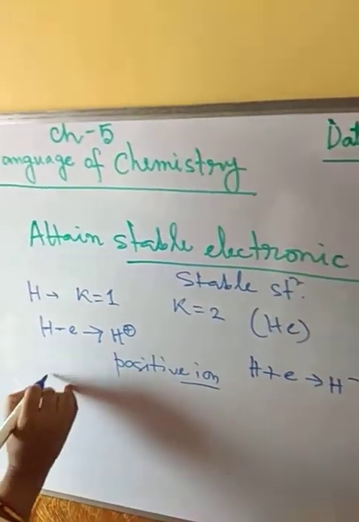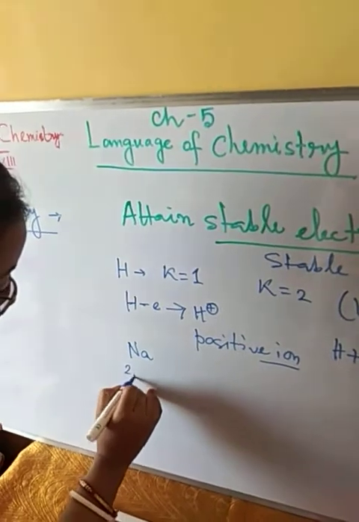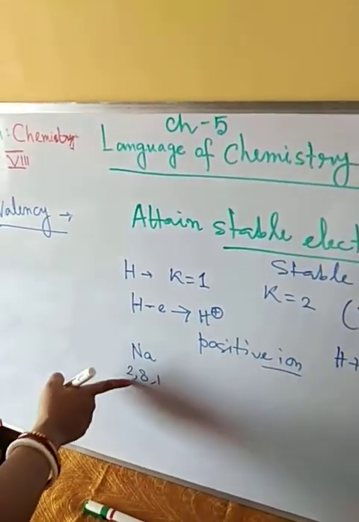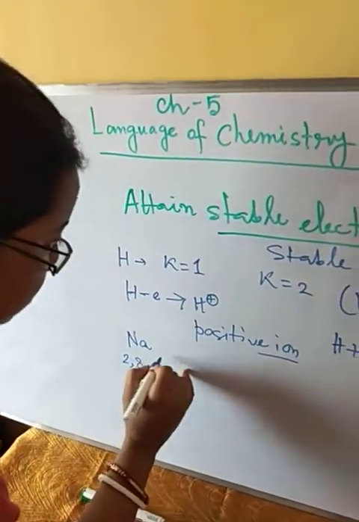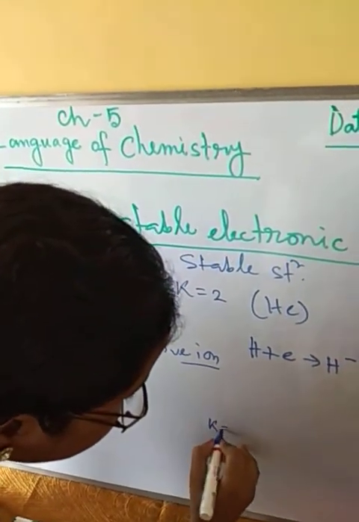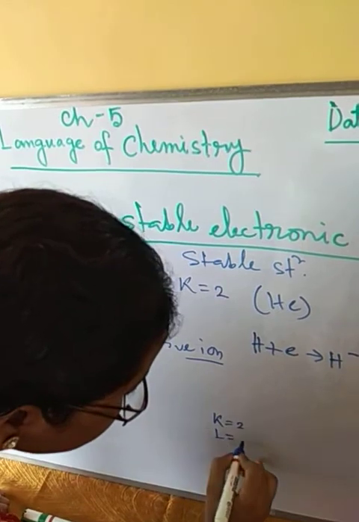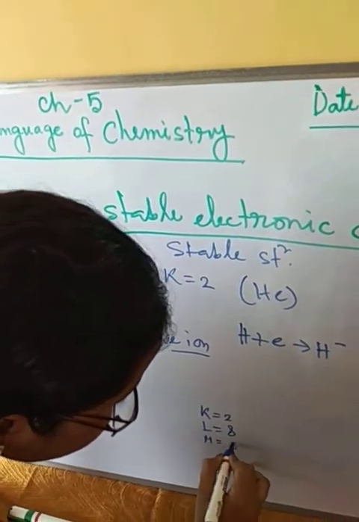Now for sodium, suppose we see the structure of sodium, this is 2,8,1, 11 electrons are there. So this is the electronic arrangement for sodium. To attain a stable structure, it would be K equal to 2, L equal to 8, M equal to 8.